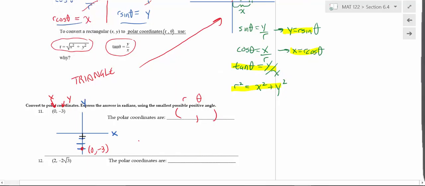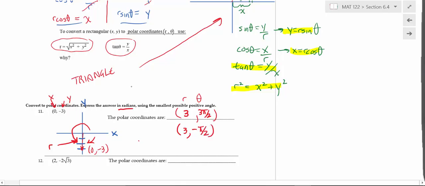So the radius is just the distance from there to there. So that radius is going to be 3. So that goes in there like that. And then the angle, you have a bunch of choices. We want this to be in radians, it looks like, so we could say 3 pi over 2 would be that angle there. Or you could even say negative pi over 2.